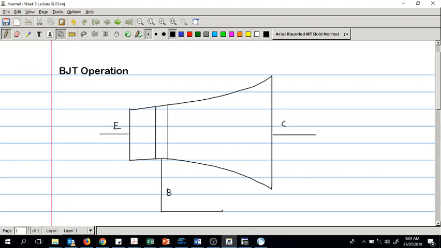Let's bias this as well. We want a reverse bias in the collector-base PN junction and a little forward bias.